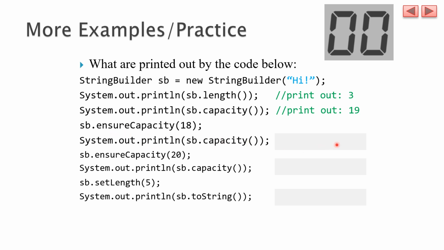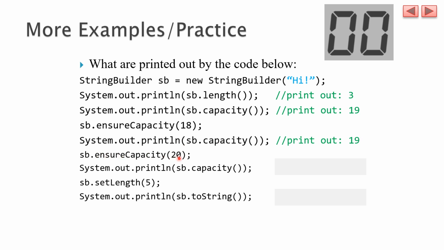Note that the capacity passed to the ensureCapacity method is 18, which is less than 19. So let's see what it prints out. In this case, it still keeps the current capacity because the new one is smaller than the current one.